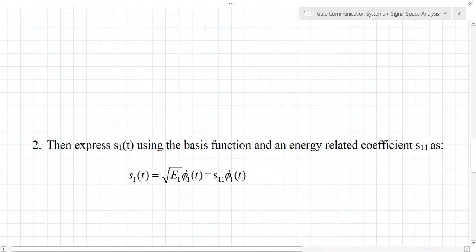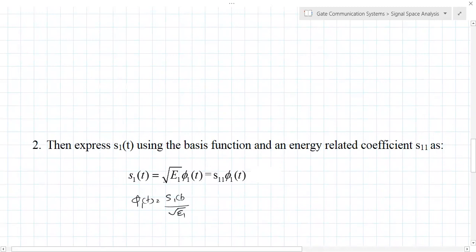So here you can see that we got a relation that phi 1 of t is equal to S1 of t by root E1. So from this particular equation, you can write S1 of t. If you cross multiply this, you will get root of E1 into phi 1 of t.